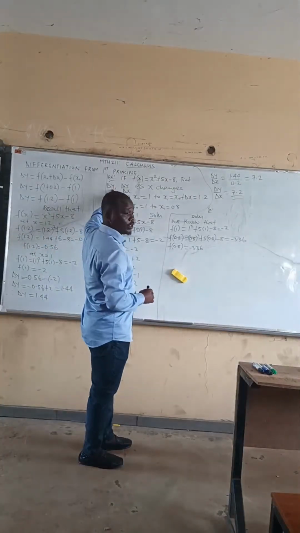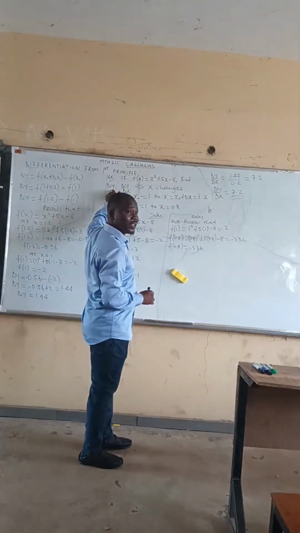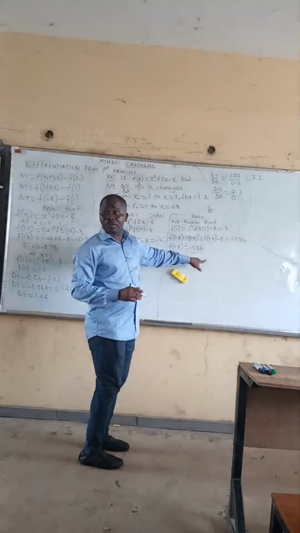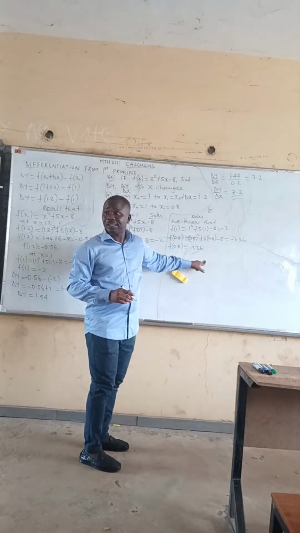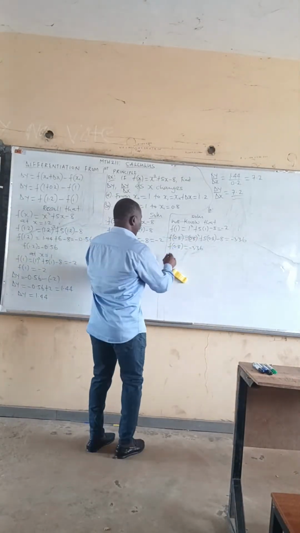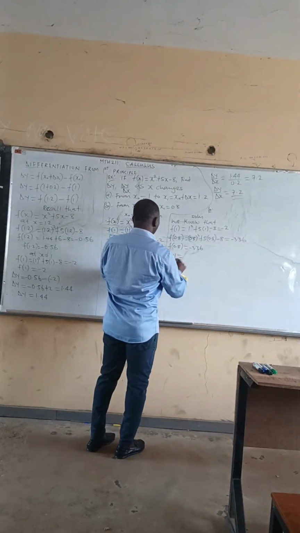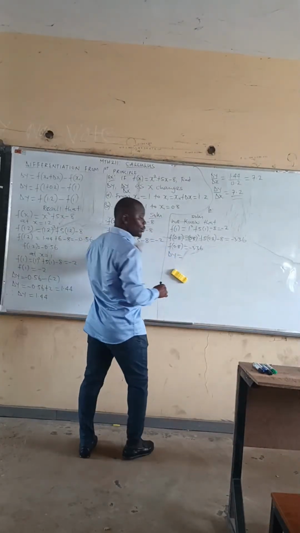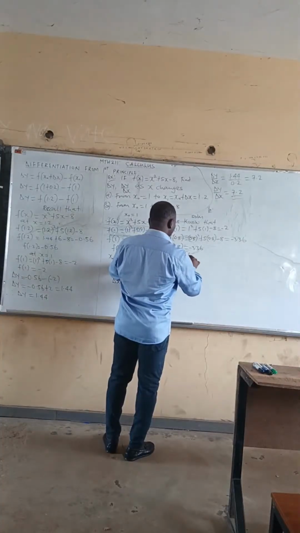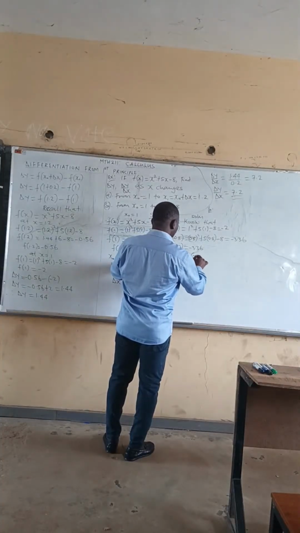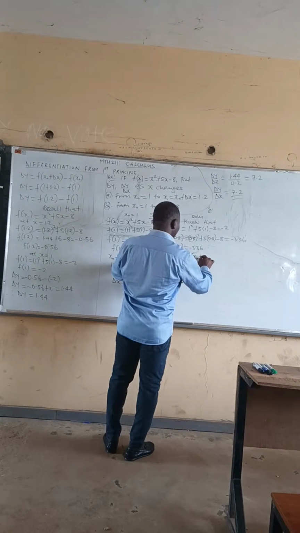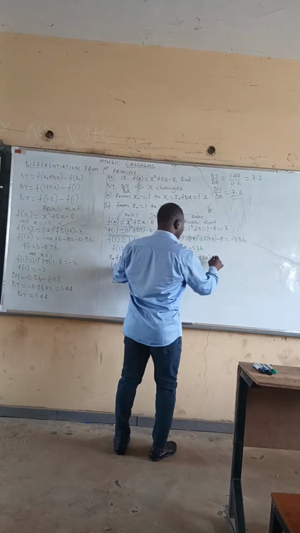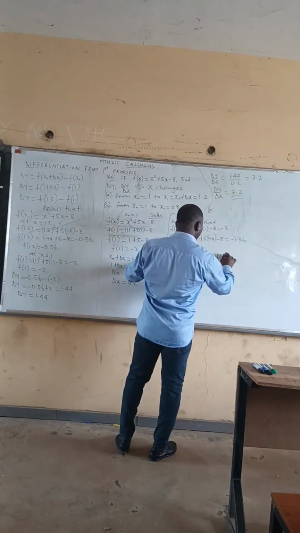Let's find our dy. It can be easier for us to obtain our dy. Then our dy is equal to what? It's given as f of x naught plus dx minus f of x naught.